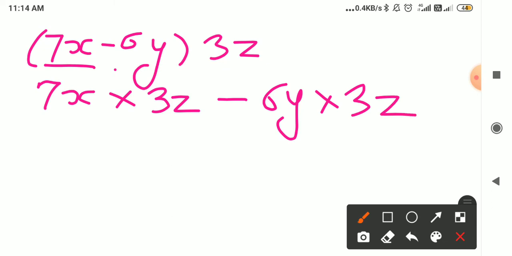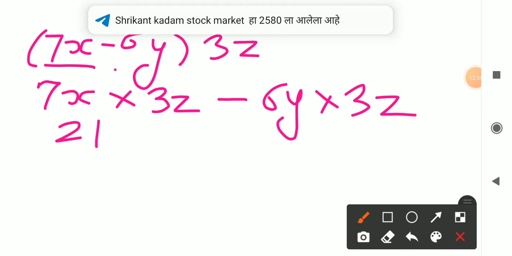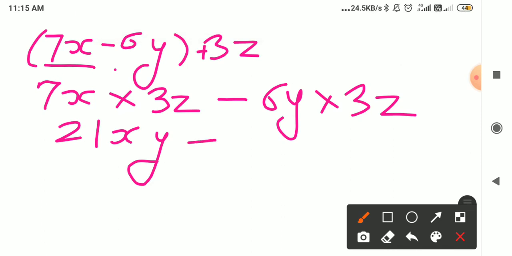According to the rule we just studied, now we have to do the multiplication of coefficients. So 7 3s are 21, and x into z is xz. Then the negative sign here, plus into minus is minus only, and 3 6s are 18, and y into z is yz.